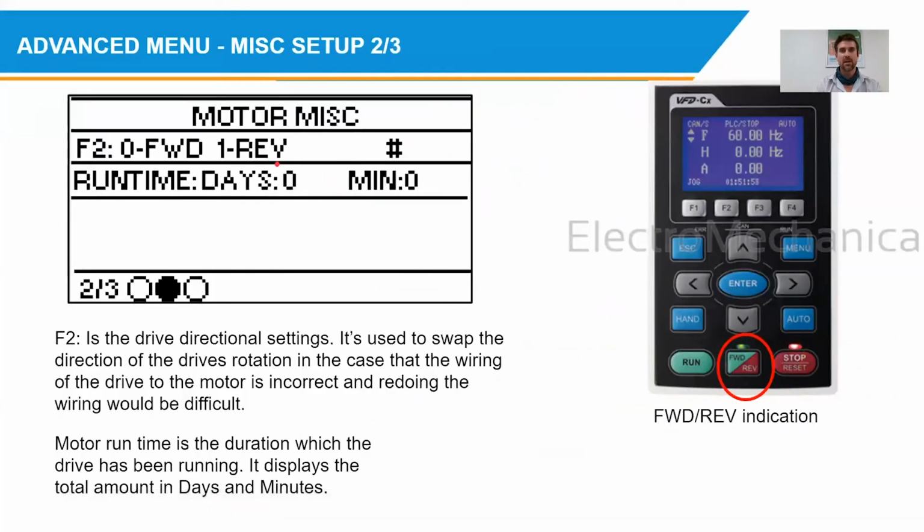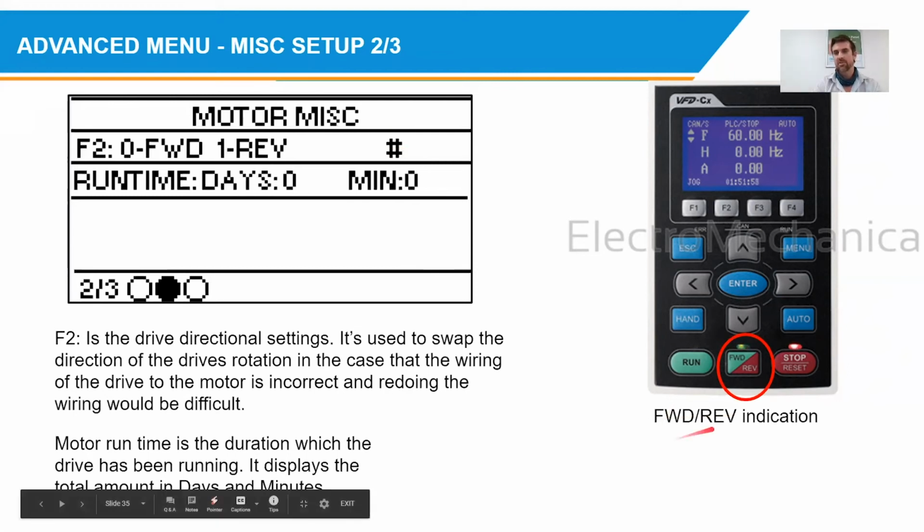There's also an option to quickly change the pump direction from forward to reverse. And that indication is shown on this little LED over here. So once you select reverse or forward, forward would be a green LED and reverse would turn that LED on the keypad red.